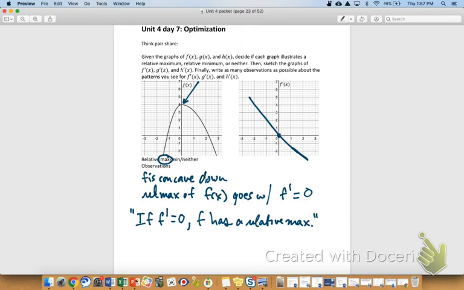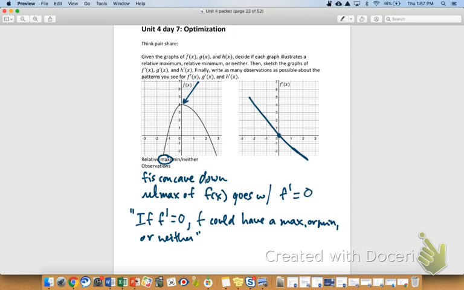Okay, if f prime equals 0, f could have a max or min, or, this might be controversial, neither. So when f prime equals 0, that could very well be where you have a relative max, min, or none of the above.